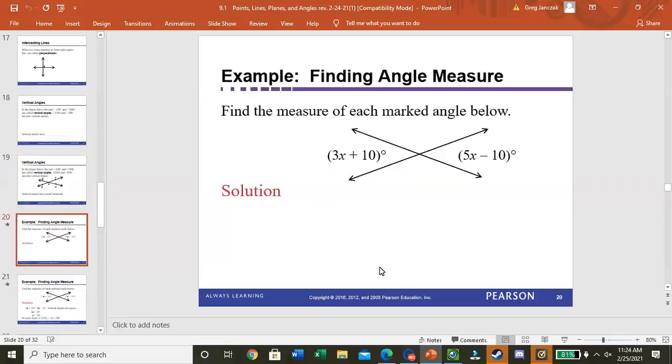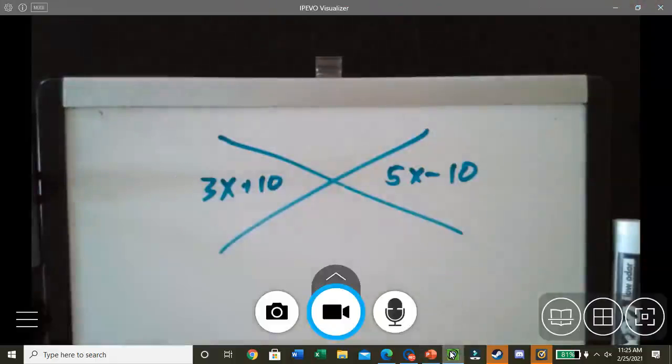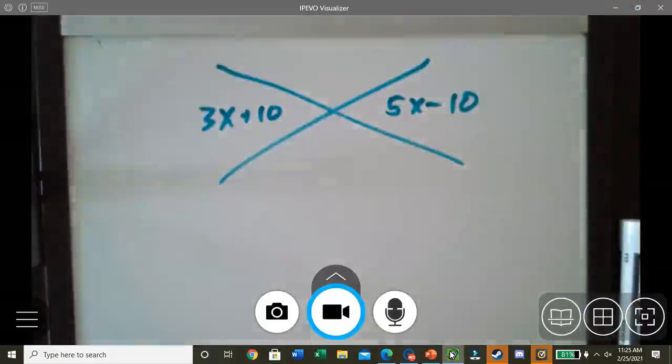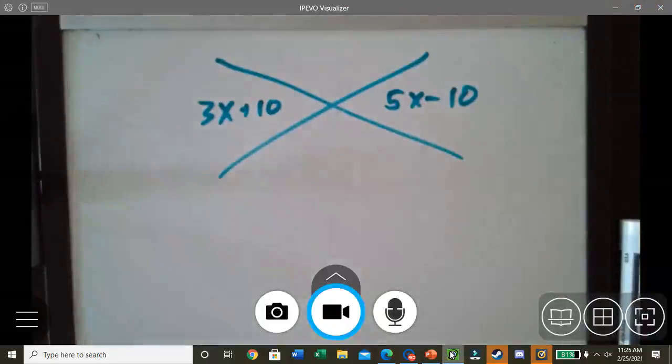We have 3x plus 10 and 5x minus 10, and we want to find the measure of those angles.